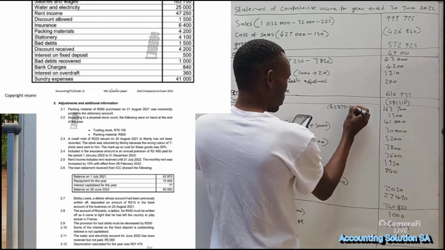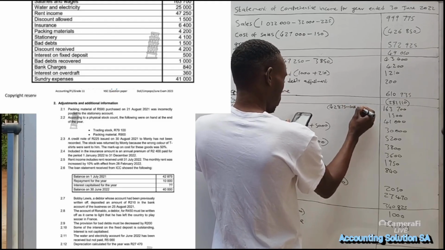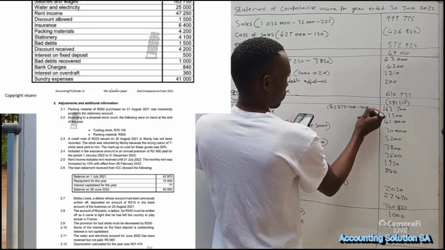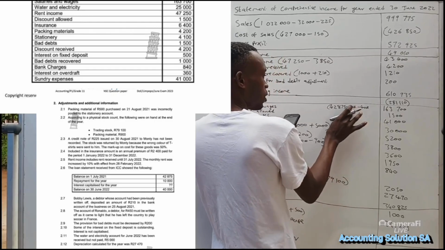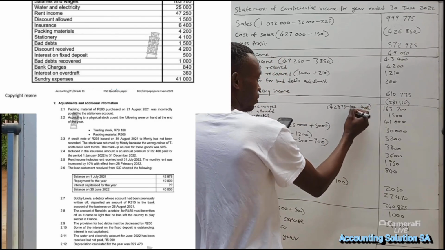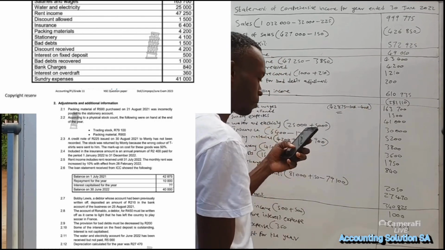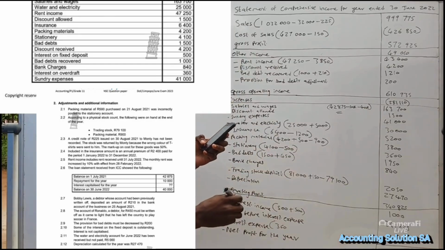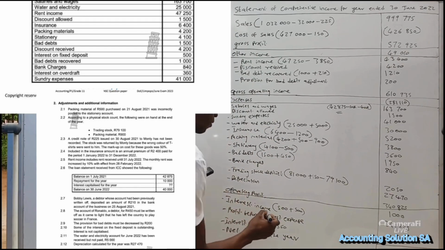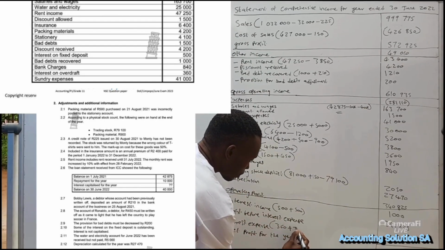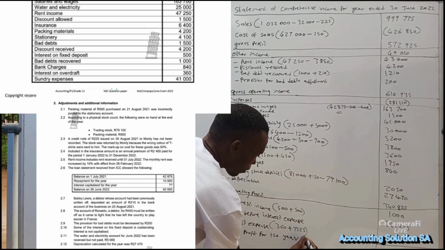42,875 minus 10,000 minus 40,000. Okay, it's 10k, 40k. Then it will give you interest capitalized, which is going to be 7,125. This is the one that you are going to add here, 7,125.